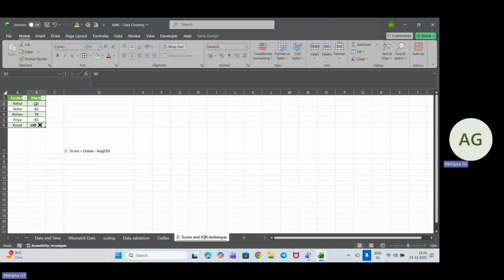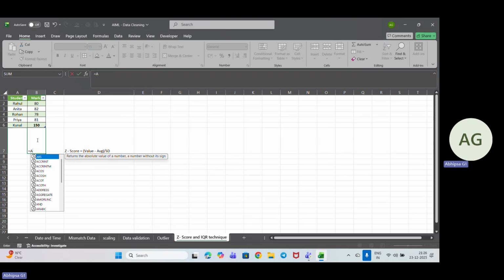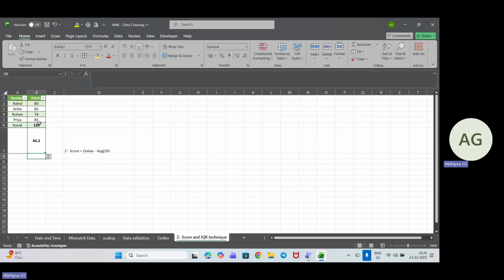Suppose 80, with the average of the class that we are getting. Now I want to divide it by the standard deviation. Standard deviation is how spread out the numbers are, right? So first we need to find the average. I'll remove this one and find the average, taking it from here to here, and we are getting 94.2.